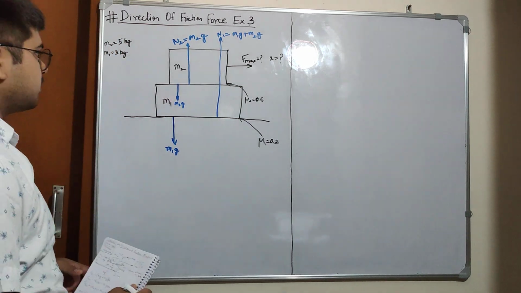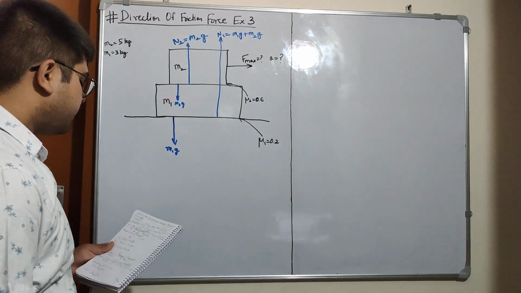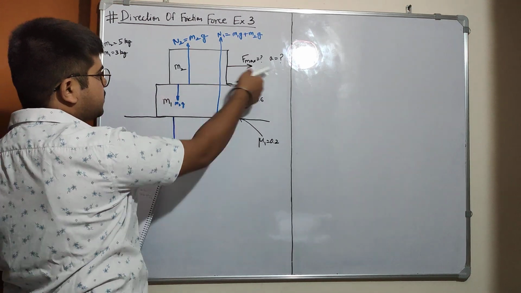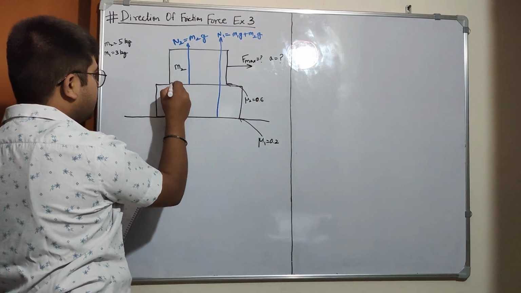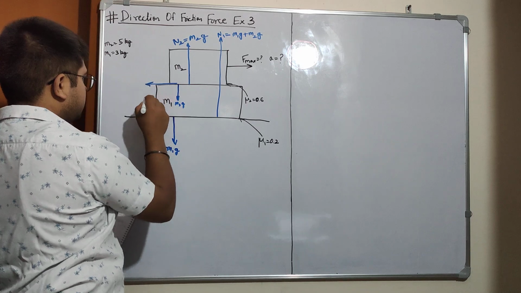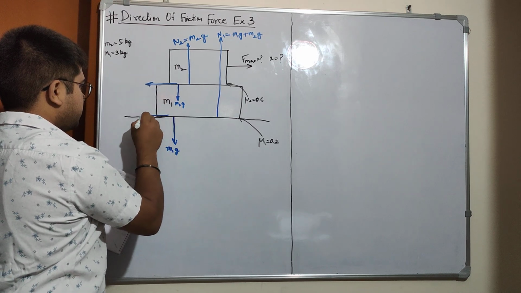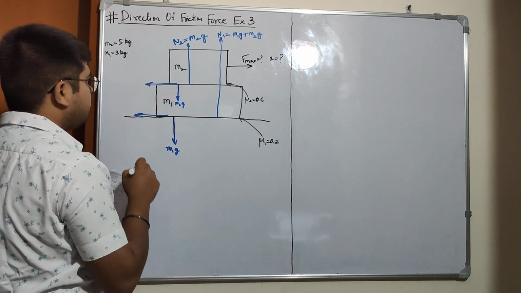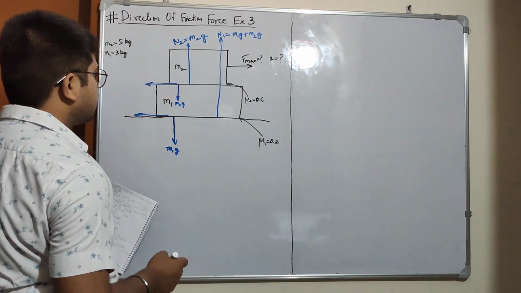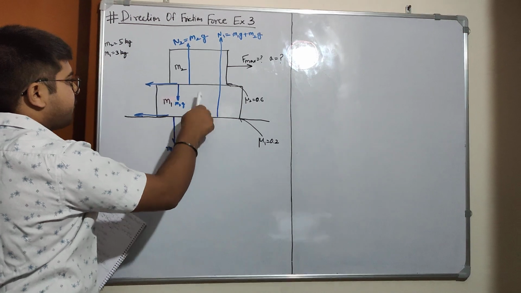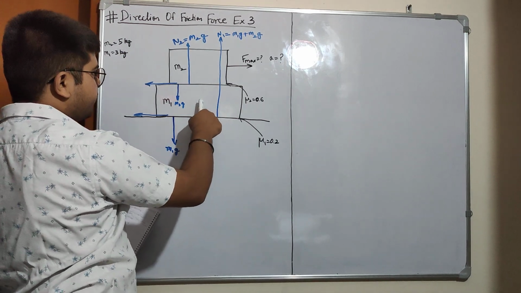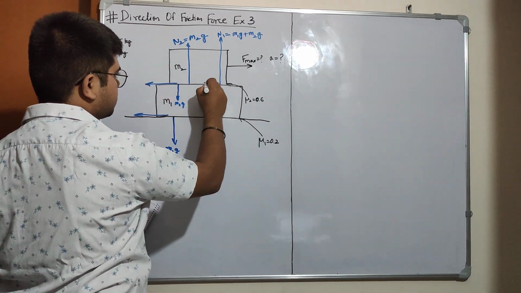And then if this block is moving in this direction, there will be a friction force in this direction. There will also be a friction force applied on M1, in this direction.